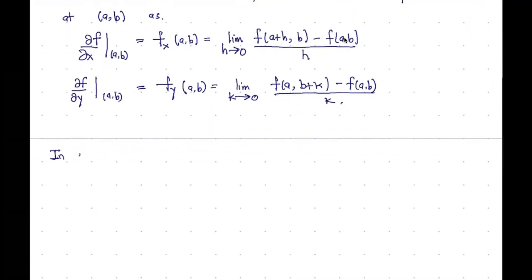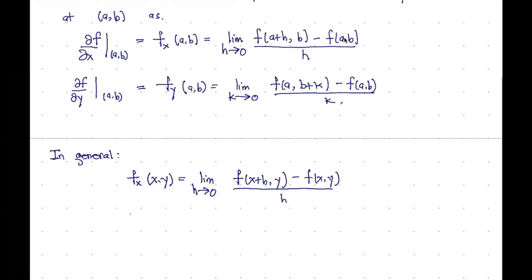In general, however, the derived function in terms of x and y would be found very similarly to Calculus 1, where we take the limit as h approaches 0 of f(x + h, y) minus f(x, y) all over h, and the partial derivative with respect to y would be the limit as k approaches 0 of f(x, y + k) minus f(x, y) all over k.